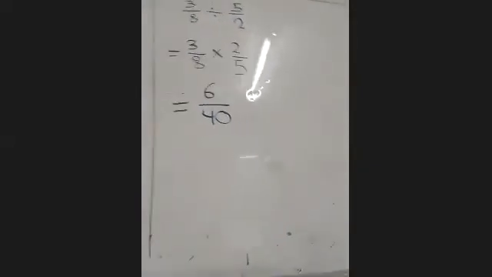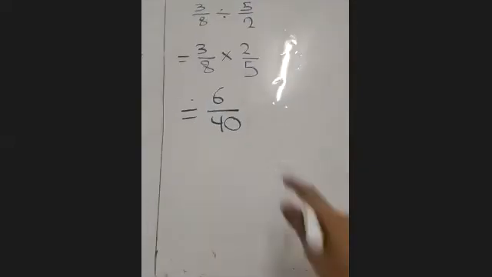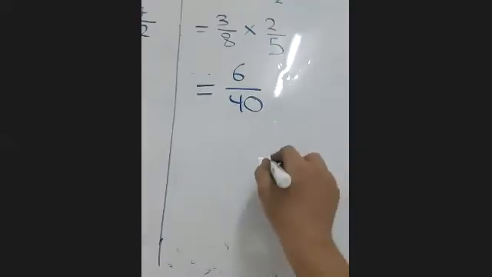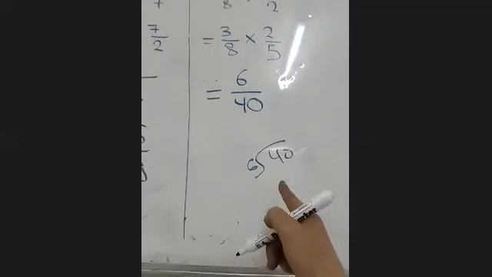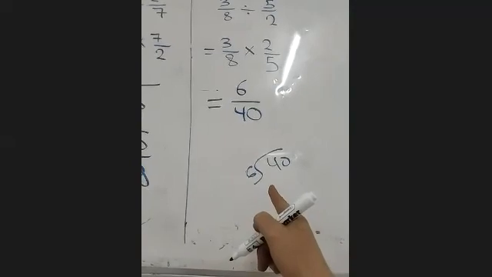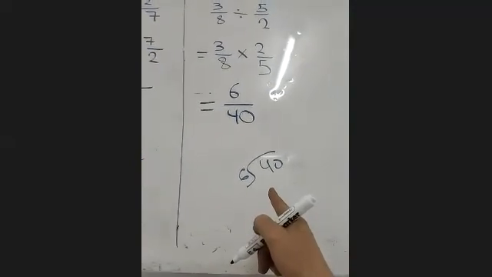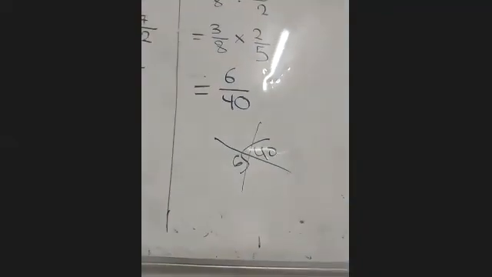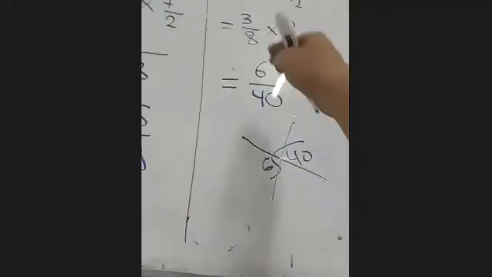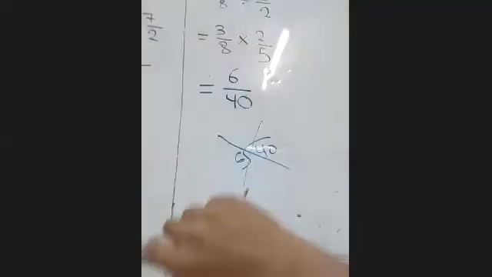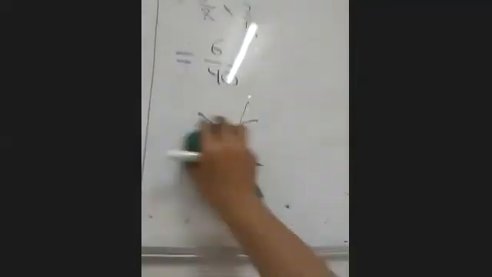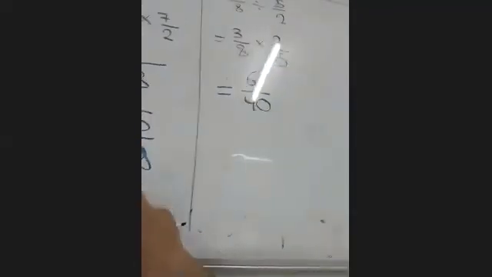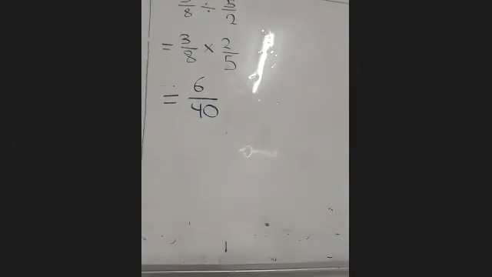We divide up and down by what? 40 divided by 6, like this? No. If the 40 is up, yes, we do that, but the 40 is not up, it's down. This is wrong. Who can help me? How do we simplify this answer?